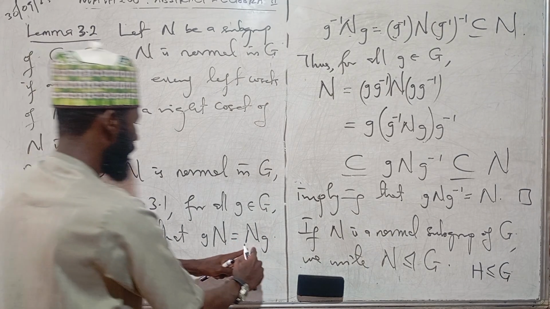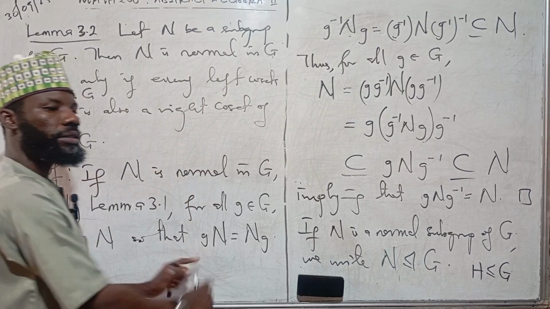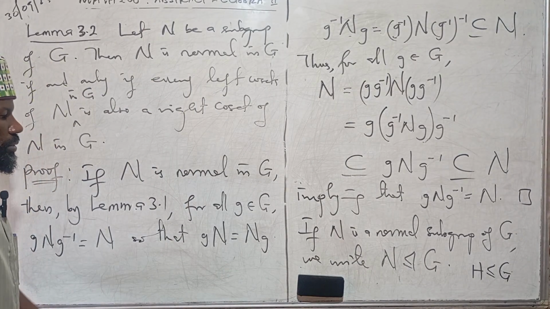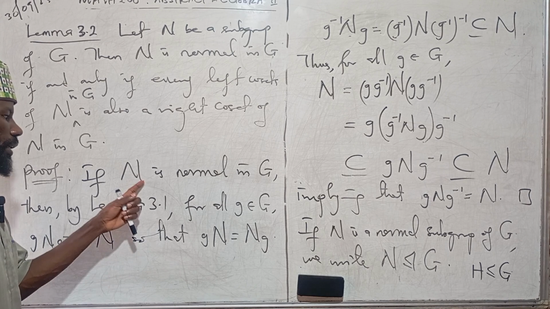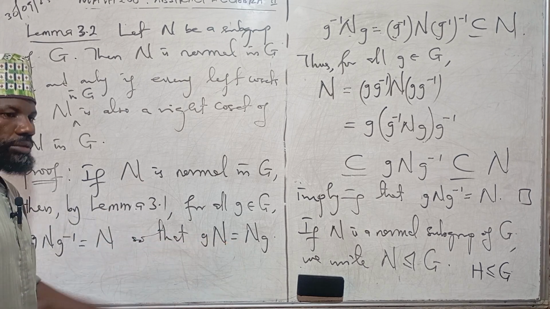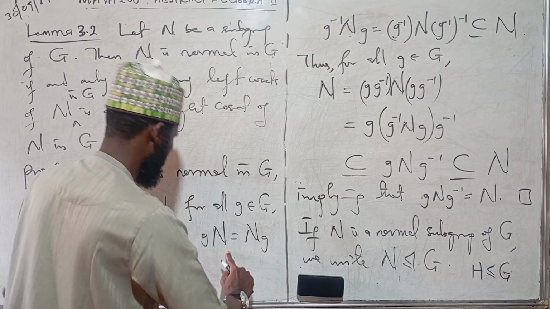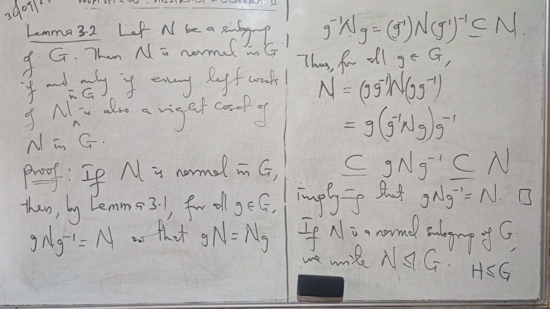So what is this saying? The left coset generated by g is equal to the right coset generated by g. So that means if N is normal, every left coset will be equal to the right coset.